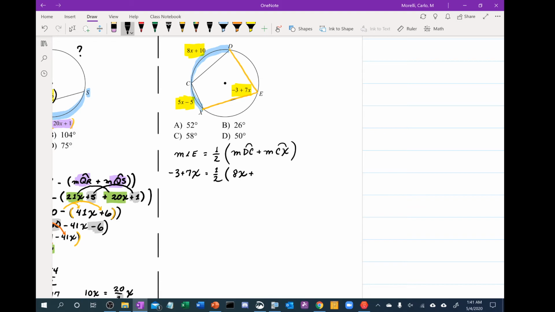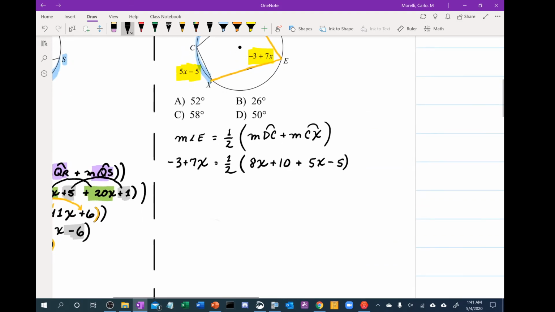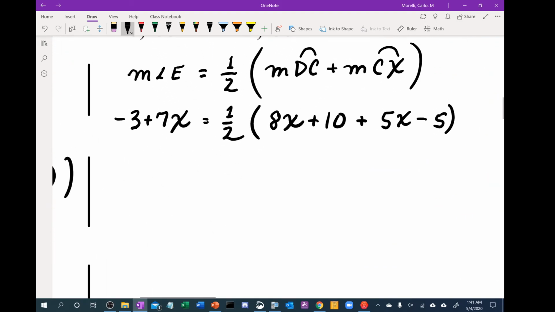Measure of arc CX is 5x minus 5. So plus 5x minus 5. Close parentheses. Okay, now we can zoom in and work on this algebra problem.